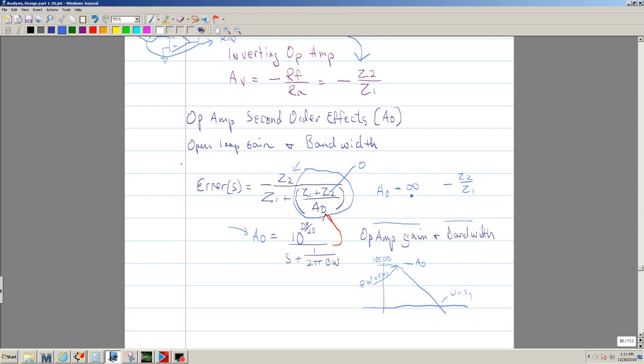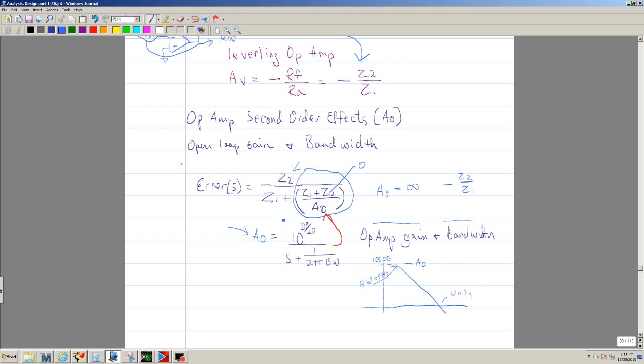However, when it's not infinite, then you have to take that into account. I'm representing it because it does affect the gain of the total loop. So you'll see what I mean.